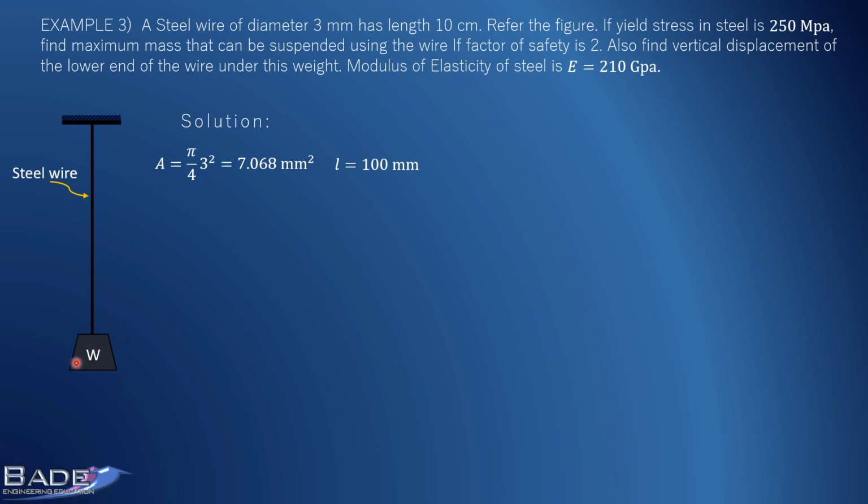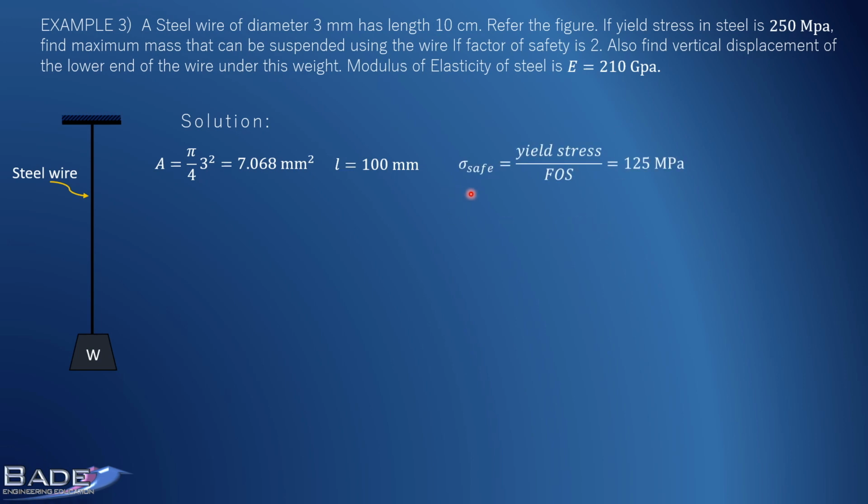When you attach this weight, actual wire is 10 centimeter long, but because of that weight, there will be increase in length of the wire and we want to know it. Modulus of elasticity is 210 GPa, that is gigapascal, and we want Young's modulus in megapascal, so it will be 210 into 10 raised to 3 megapascal.